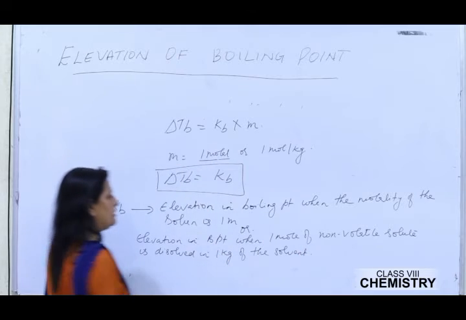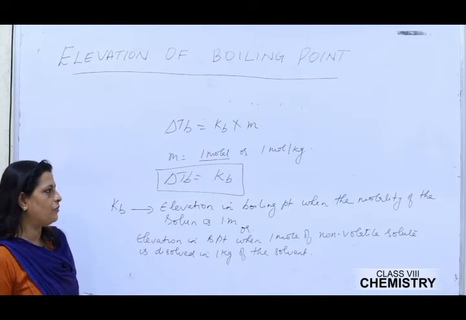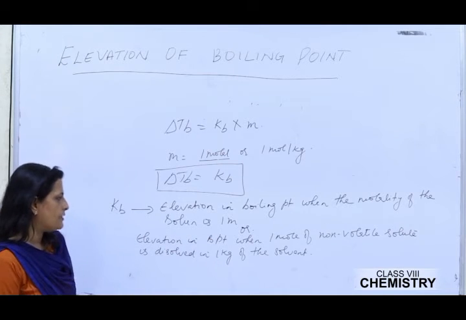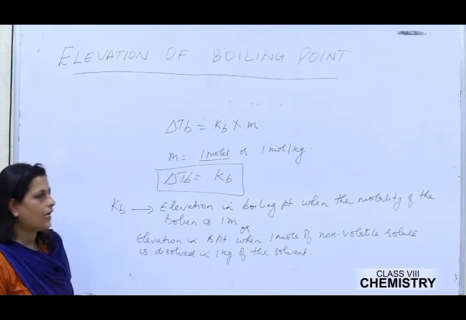So is it clear? It's the elevation in boiling point when the molality is 1 molal, or when 1 mole of non-volatile solute is dissolved in 1 kg of the solvent.